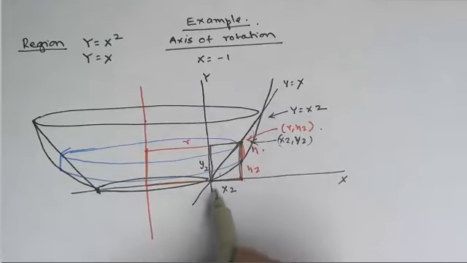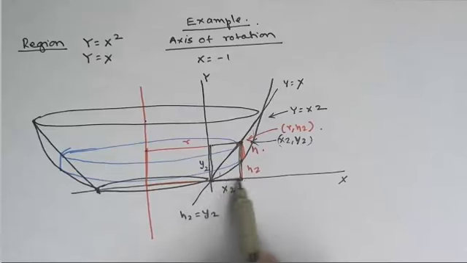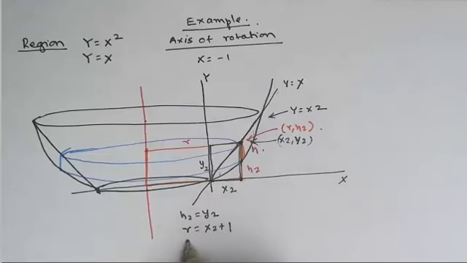The relations are h2 is the same as y2, r is x2 plus this distance, which is 1, so r is x2 plus 1, and because this point lies on y equals x, x2 equals y2.